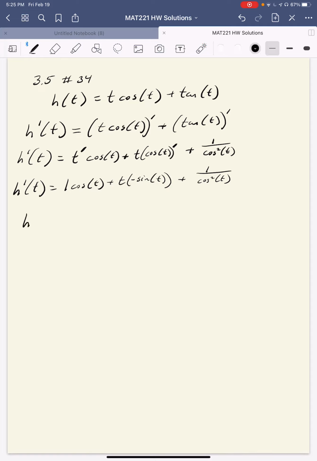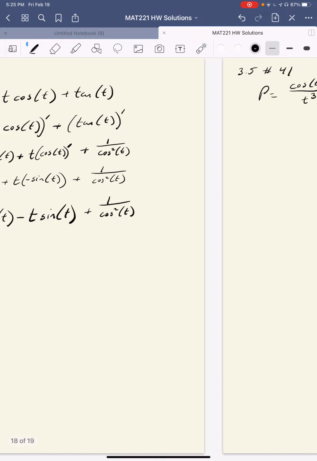And that gives me h prime of t is equal to cosine of t, and then minus, I'll pull that negative sign out, minus t sine t plus 1 over cosine squared t. And then I'm done. I'm not going to combine those terms in any way other than that. That's the final version of the derivative of h of t.